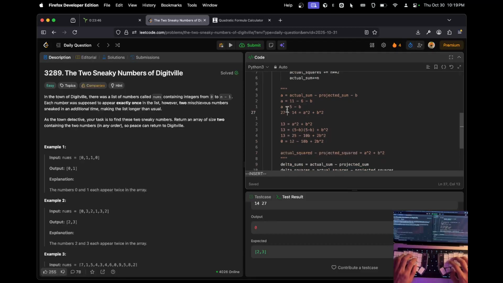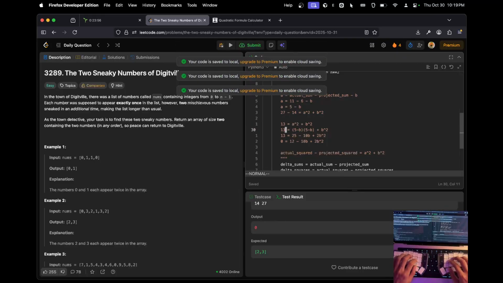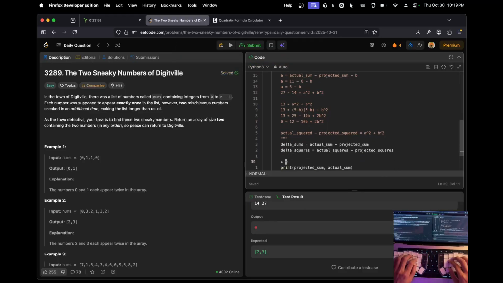Is it? I might be geeking. I'm tripping. C is going to be equal to the delta sum squared minus the delta squares.